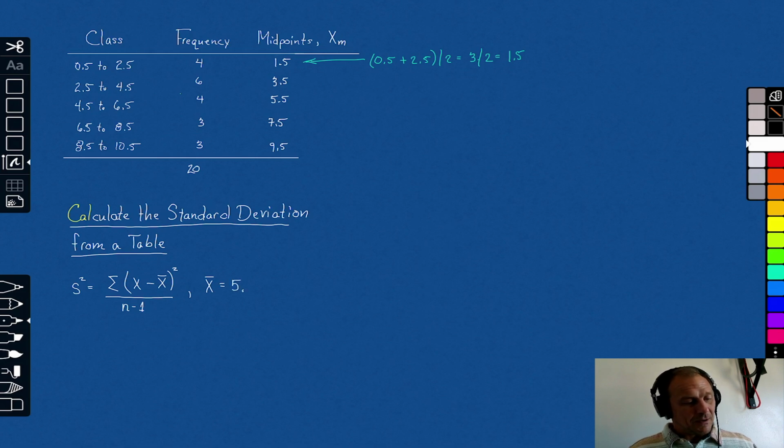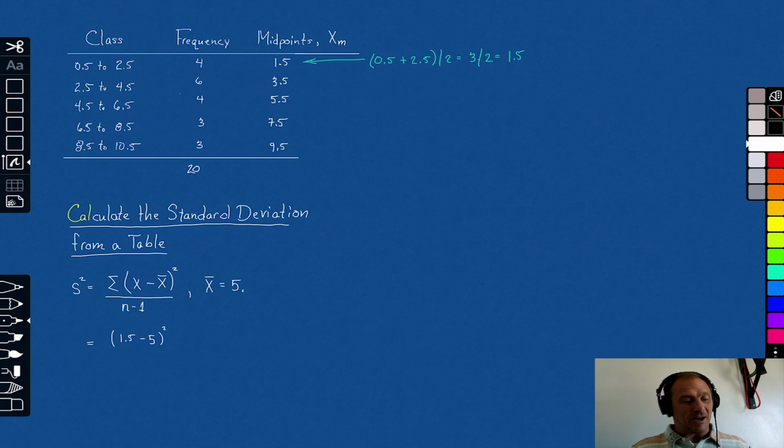Here we go. So we take our first data value, that is 1.5. We subtract the mean, that's 5, and we square it. Now, we have to do that for the next 1.5 because there's 4 1.5s in the first class.